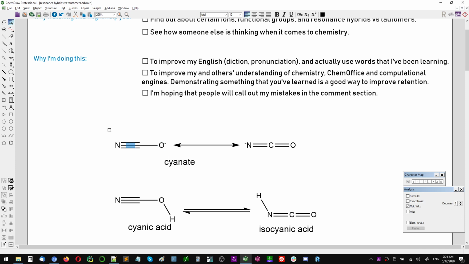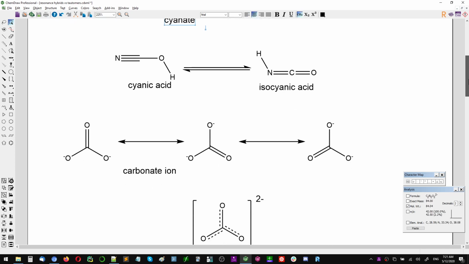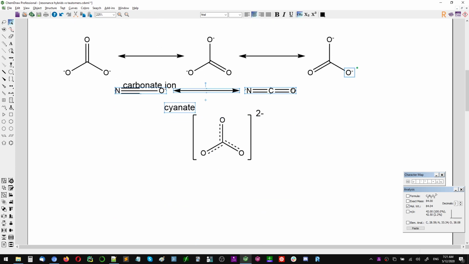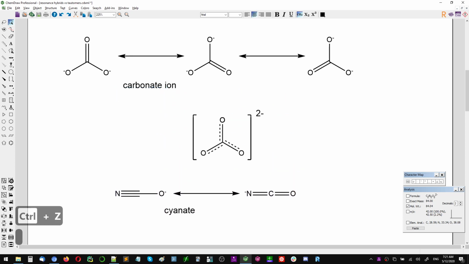So in this case, let me just copy this and I will change it. This time I didn't hold control anymore, so I will make a copy.